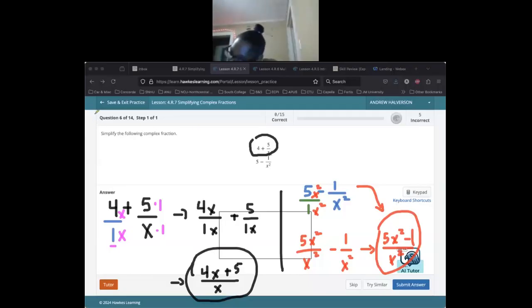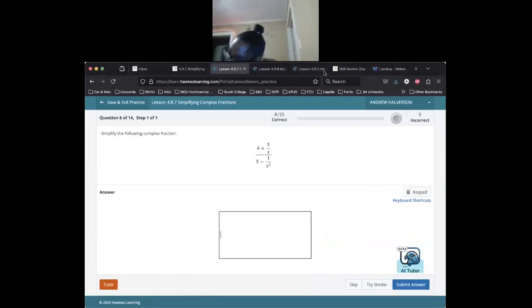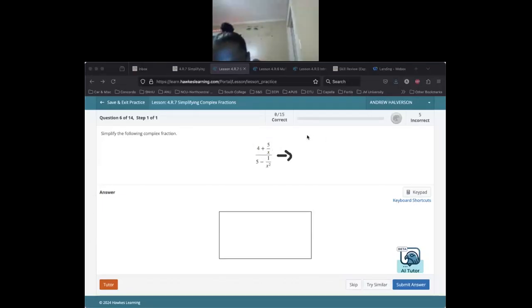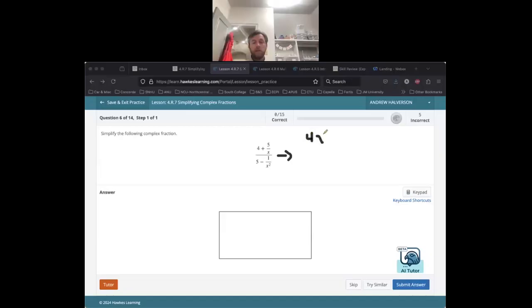So from here, let me take this down. What did we do? We took the top of 4 plus 5 over x, and we made that one giant fraction by saying 4x, and what we got was 4x plus 5 over x.